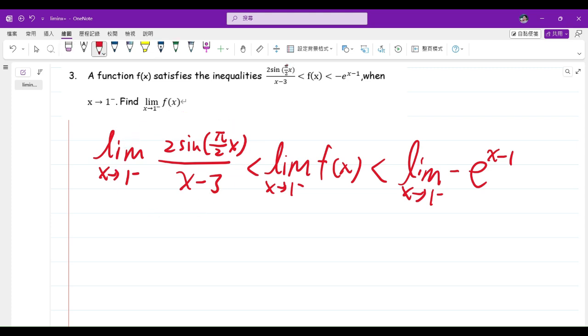Okay, so if x approaches 1, the numerator approaches sine negative pi over 2, which is negative 1, so this actually is negative 2 divided by negative 1 minus 3.